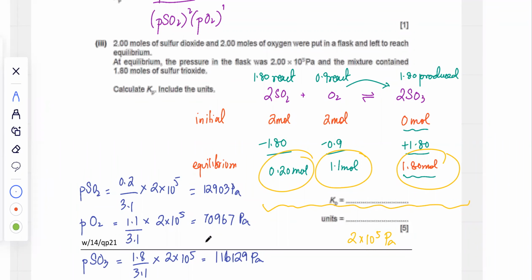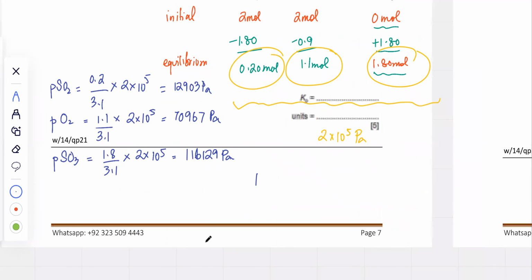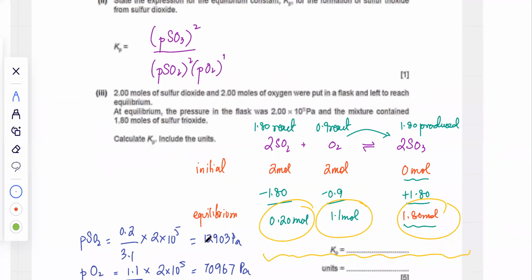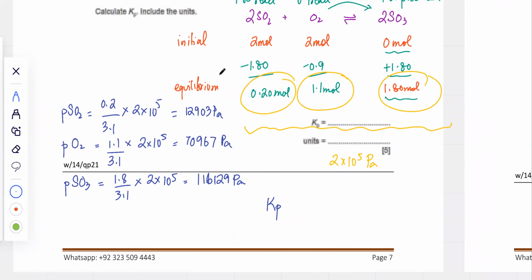So you found your partial pressures. The only thing is you have to place these values in the Kp expression, which we had calculated earlier. SO3 squared divided by SO2 squared into O2. So we're going to just do that. SO3 squared, that's 116129. Be very careful with your calculator. It's going to be squared.